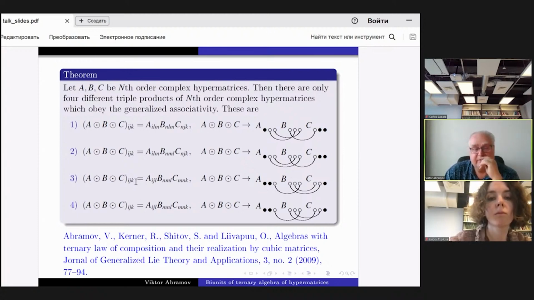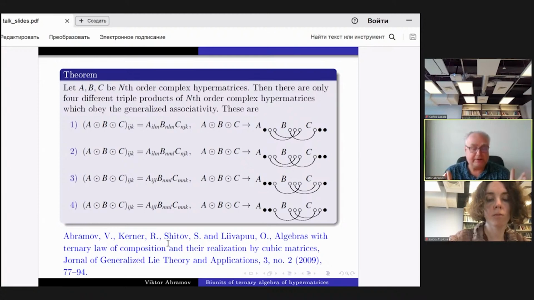I remember that my doctoral student, Sergei Shvitov, I posed him a question. He was from computer science, but he was interested in mathematics, and I asked him whether we can find all triple products of hypermatrices which obey associativity of the first kind. This is simple associativity.